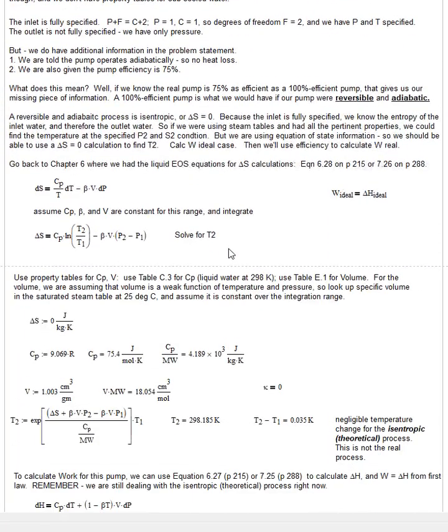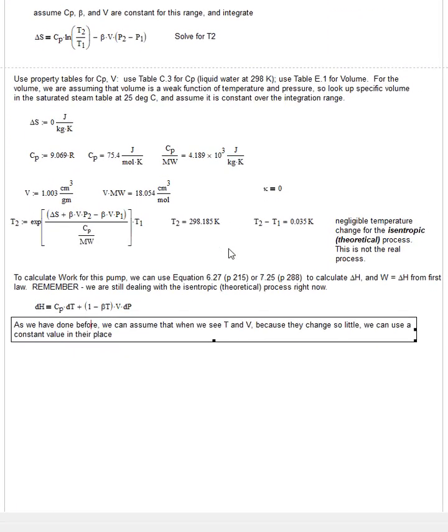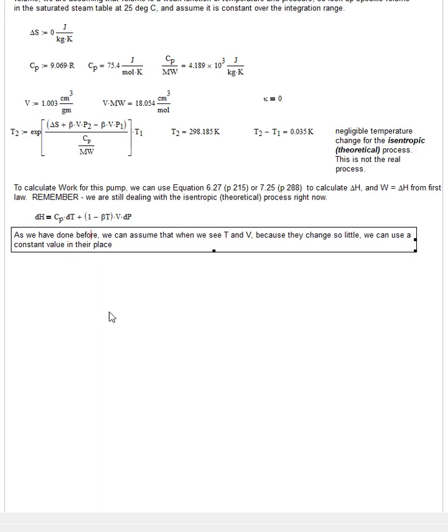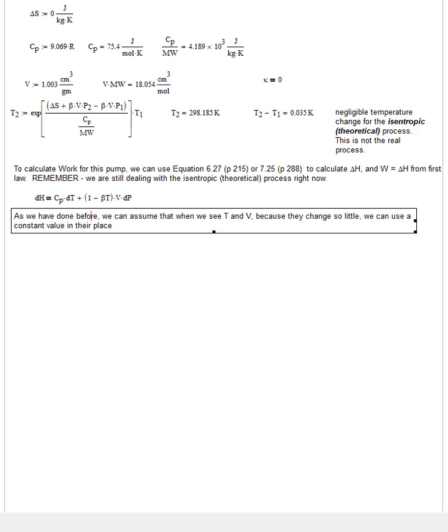So if I take something that's 10 to the minus 4 times something that's 10 to the 2, I get 10 to the minus 2. I'm subtracting that from 1, so this value is still going to be very close to 1. This term here is not making much of a difference, and so treating temperature as constant, again, is a reasonable assumption. So we just integrate this equation.